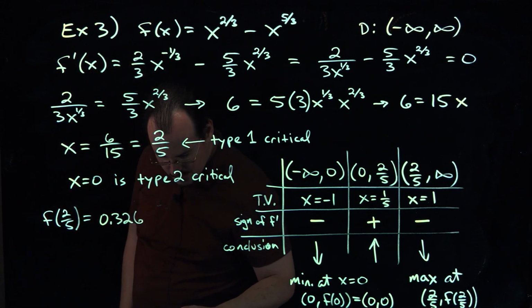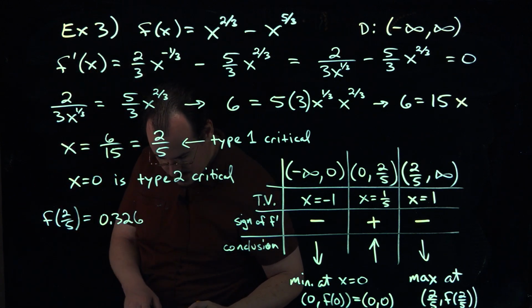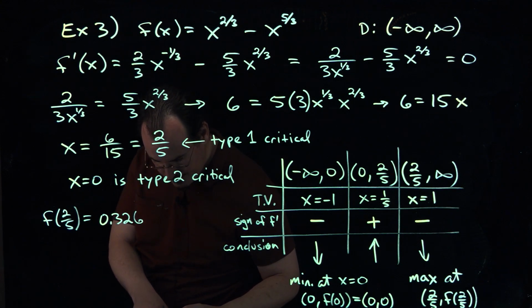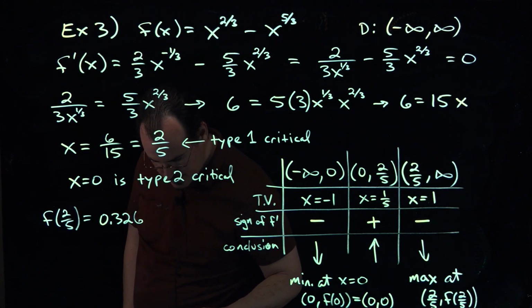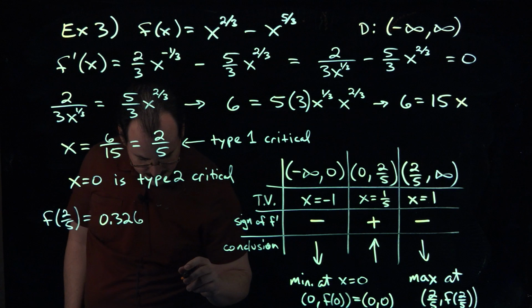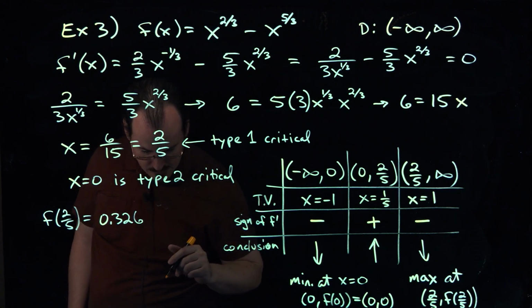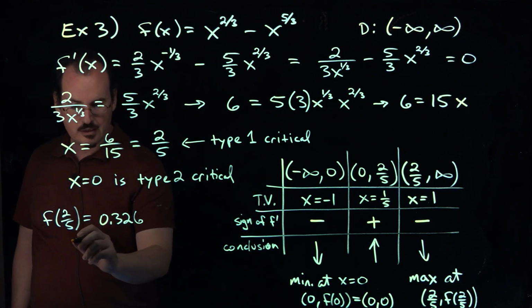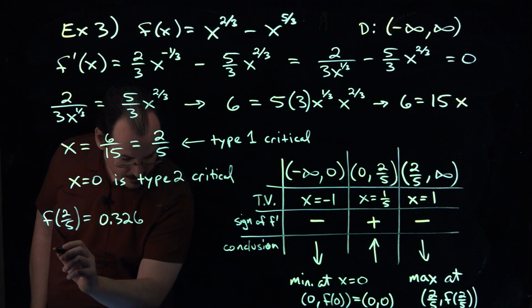If you want the actual value here, let me see if I can get my calculator to make it look a little bit simpler. Let's see. Yeah. Well, anyway, it doesn't look very nice. It's like 3 times 5 to the 1/3, 2 to the 2/3 over 25. So if you're interested, this is the value that I'm getting from my calculator.